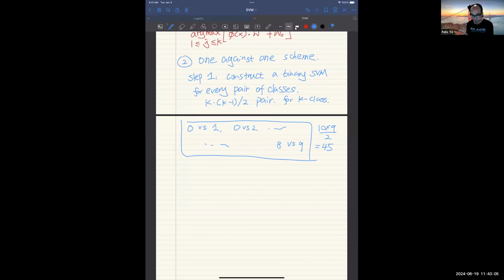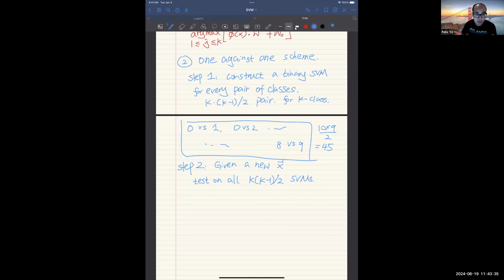Okay, so this is the training. Step 2, if you are given a new data point, a new X, you are going to test it on all k times k minus 1 divided by 2 SVMs.